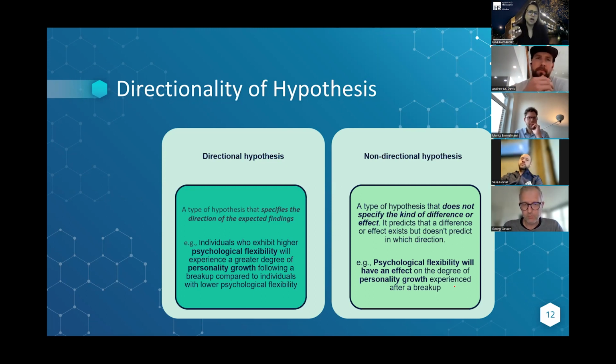For example, when we say that going to psychotherapy will decrease the levels of anxiety, we are already stating that it will decrease, so we know the direction. It will be different, for example, if you only state that attending psychotherapy will influence the levels of anxiety. In this case, you are not saying if it will increase or decrease it. And actually, in this specific example, both things can happen, right?